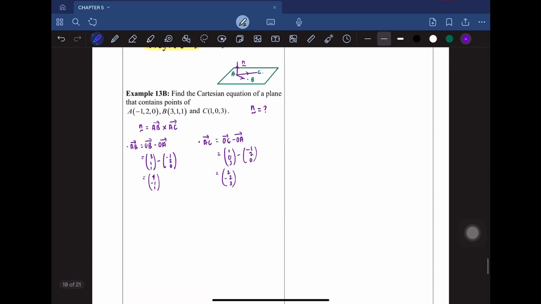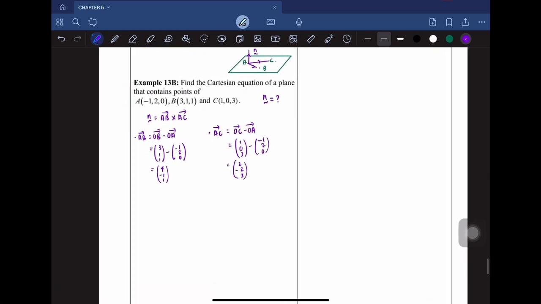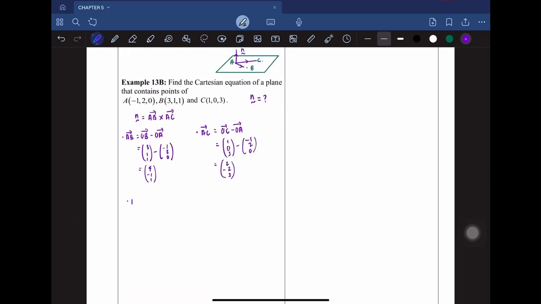Okay, so now we're going to cross product the two vectors. AB cross AC, we have the i, j, and k directions. Your AB is 4, negative 1, 1, and your AC is 2, negative 2, 3. Remember that the signs will be plus, minus, plus. So for the i direction, you're going to have negative 3 plus 2, i.